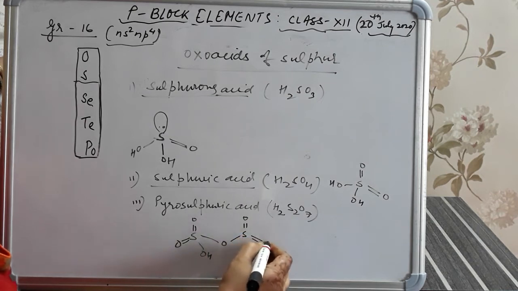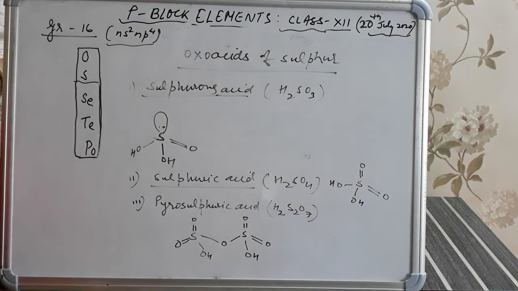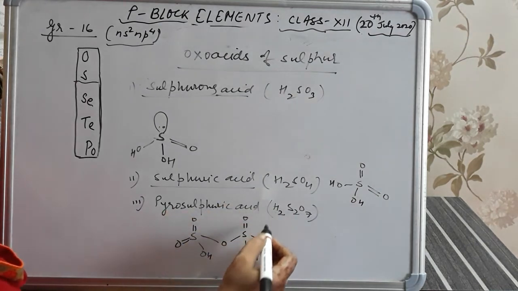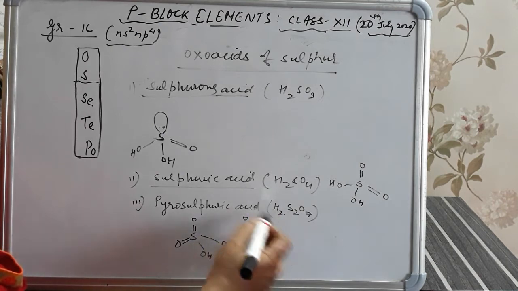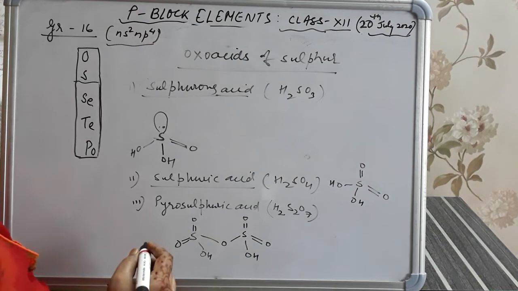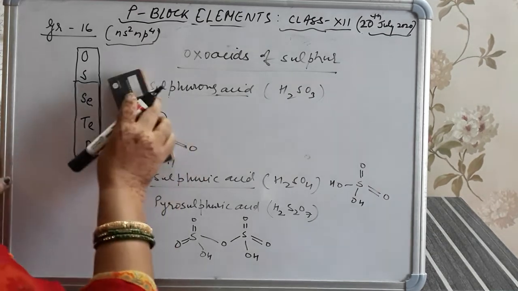Here is also a double bond, and here is OH. This is the structure of pyrosulfuric acid, with molecular formula H2S2O7.